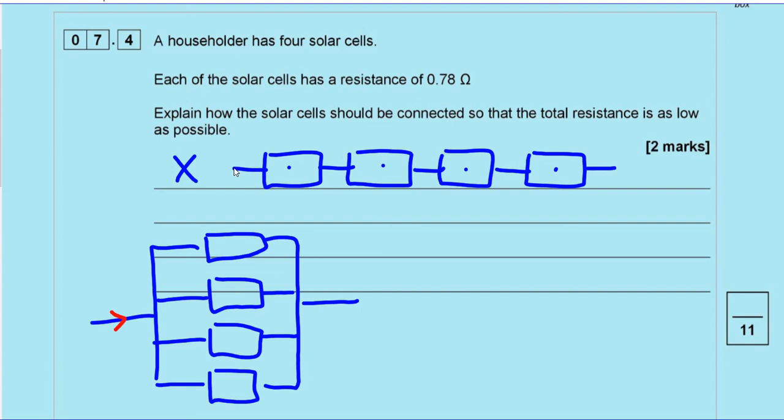So any current coming in has got a choice of going that way, or it can come in and go through that way, or it can come in and go through that way, or it can go that way. So those multiple pathways create lower resistance.